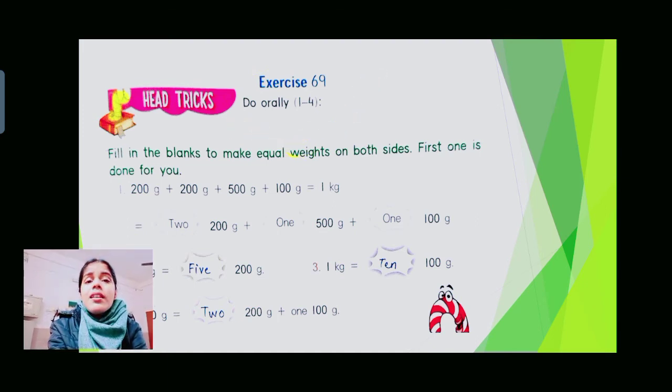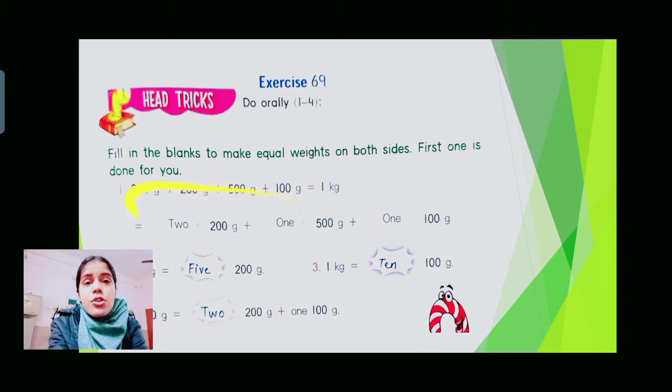Question number 1 says: fill in the blanks to make equal weights on both sides. The first one is done for you. See, 200 gram, 500 gram plus 100 gram is equal to 1 kg. Why 1 kg, class? Because when you add these quantities, 200 plus 200 will be 400, 400 plus 500 will be 900, 900 and 100 will be 1000 gram, and 1000 gram is equal to 1 kg.